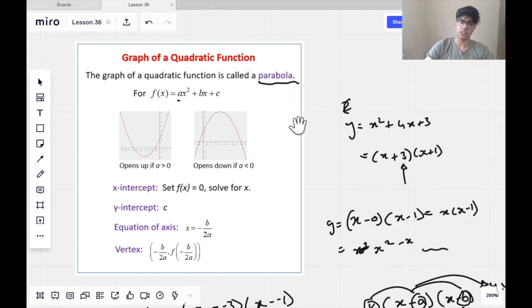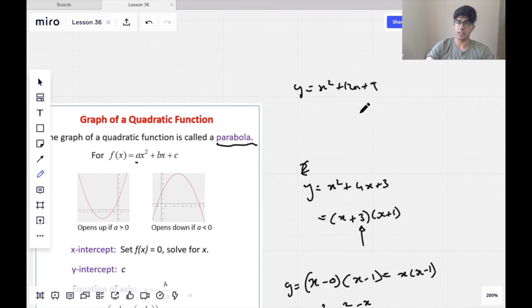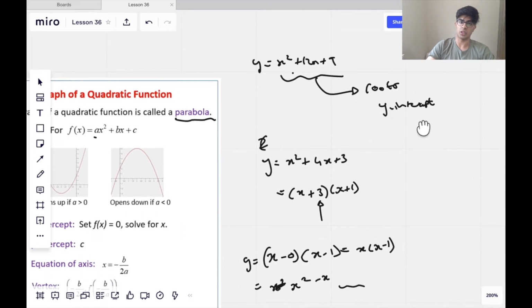And if you're asked to sketch a quadratic, like, I don't know, y equals x squared plus 12x plus 9, for example, you can do that just by plotting some points and then putting a curve through it. The points you need to care about are found by factorizing this to find the roots, and the y-intercept. I think I've talked about plotting quadratics in a previous video, so just check that out.